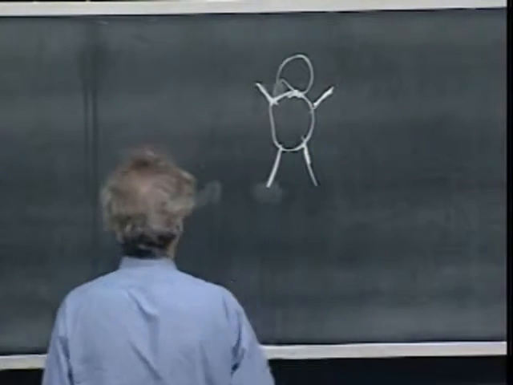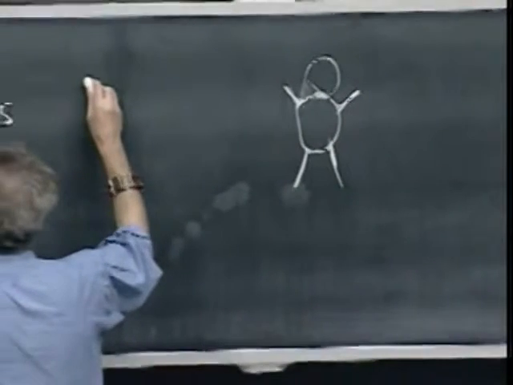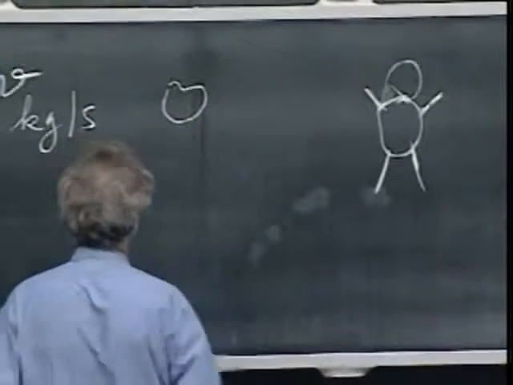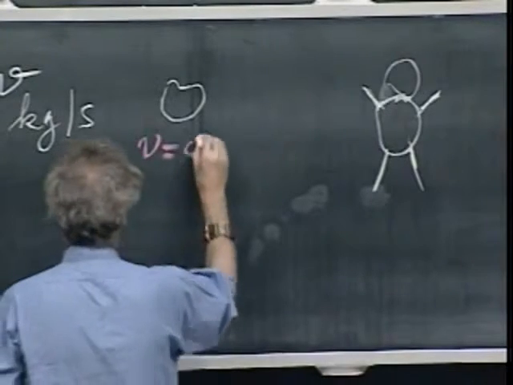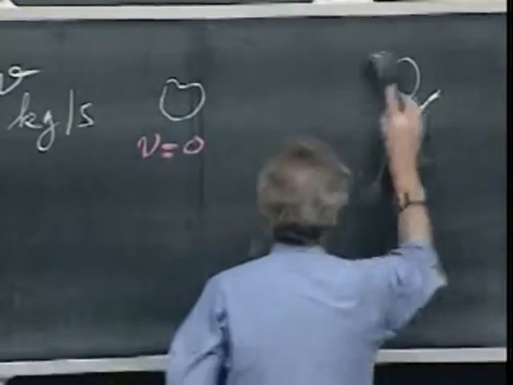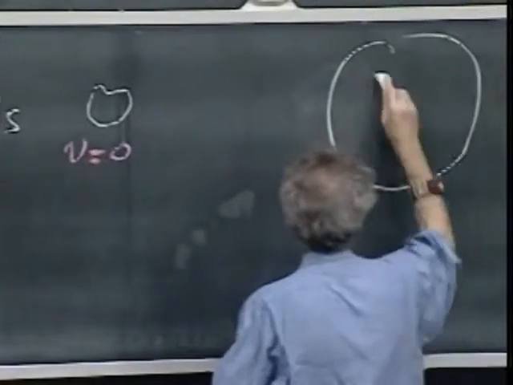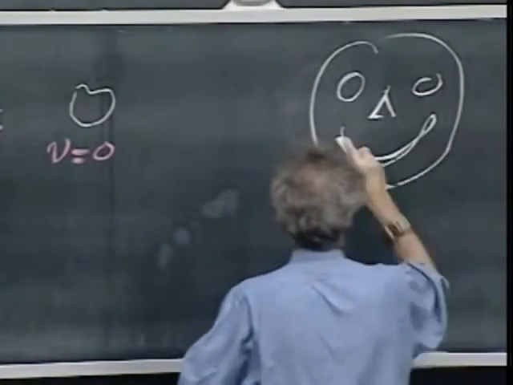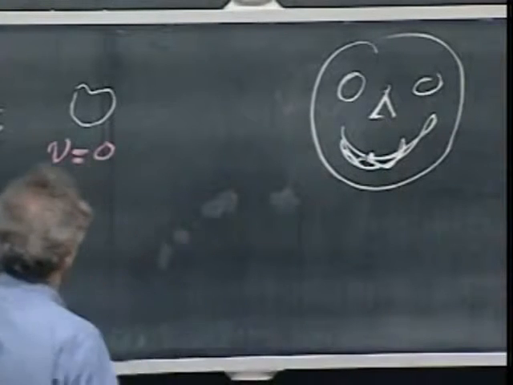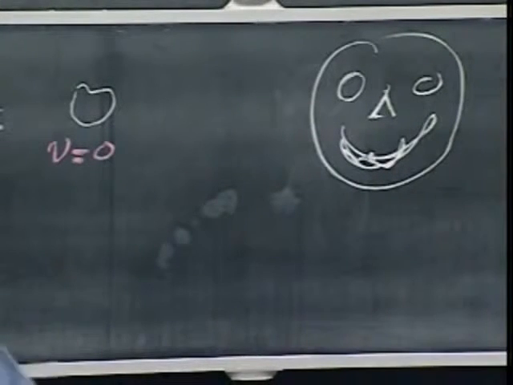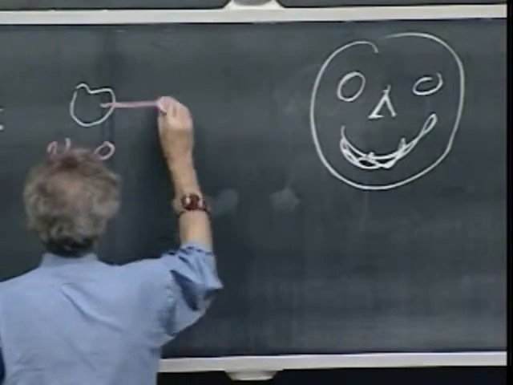Here you are, and I have here a tomato, and this tomato has 0 speed to start with. Let me make you a little bigger, otherwise I won't even hit you. So this is you. And so I give this tomato a certain velocity, v of x.